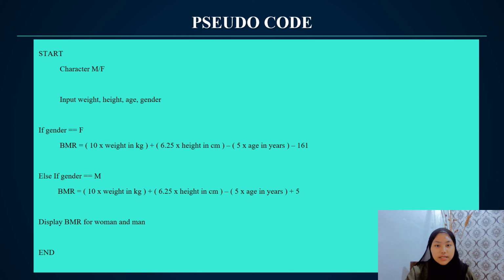Else if gender equals M, the formula is the same as the female formula, but minus 161 must change to plus 5. Then it will display the BMR for women and men, so we can end the pseudocode.